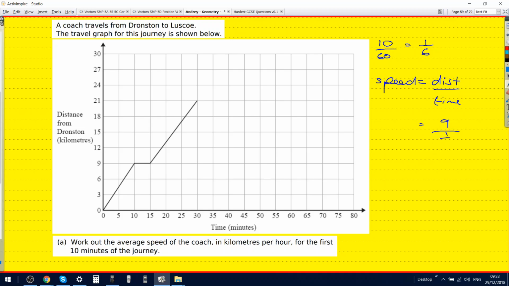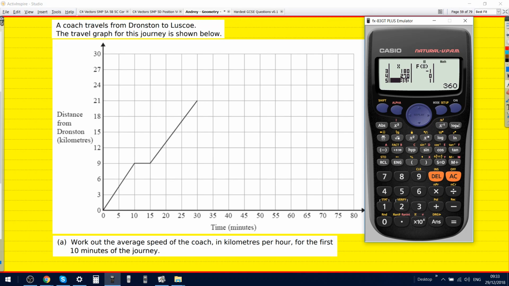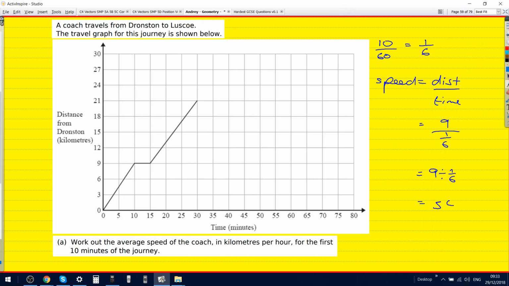So you could put that in as 9 divided by 1/6. I think it's going to be 45. 9 divided by 1/6. Oh, 54. There you go. So 54 kilometers per hour. Yeah. Okay.